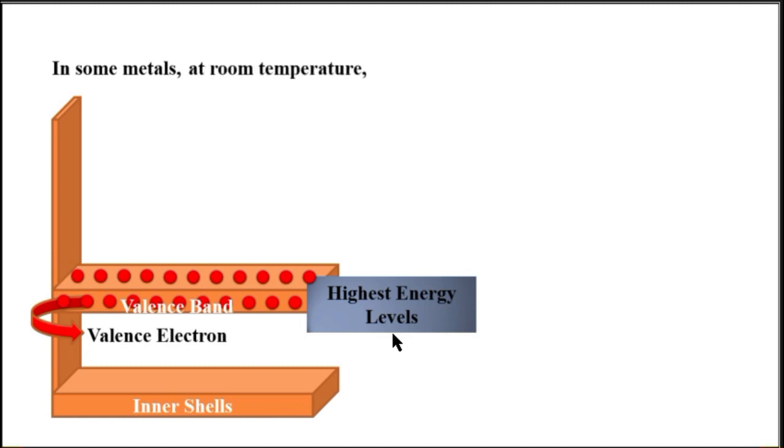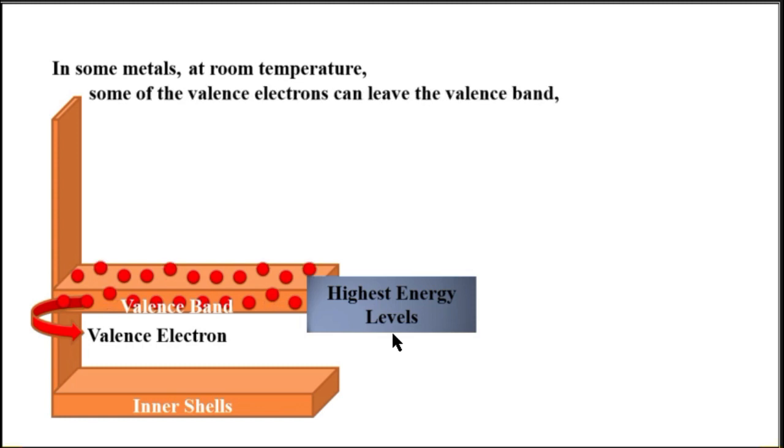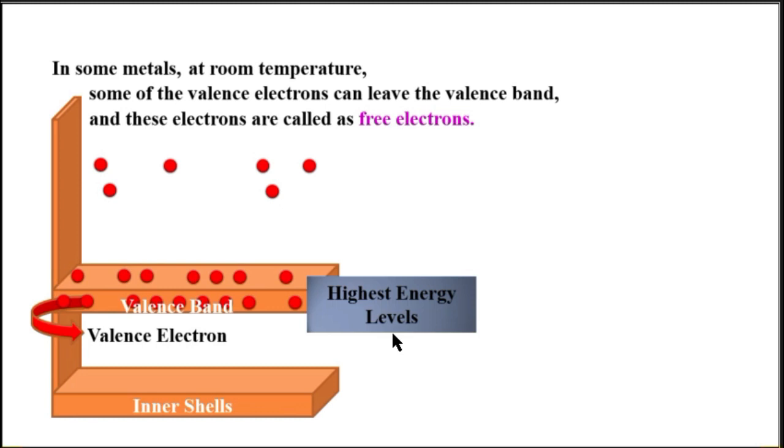In some of the metals, at room temperature, some of the valence electrons can leave the valence band and go to a higher energy level. These electrons are called free electrons. These free electrons are responsible for the current in conductors.